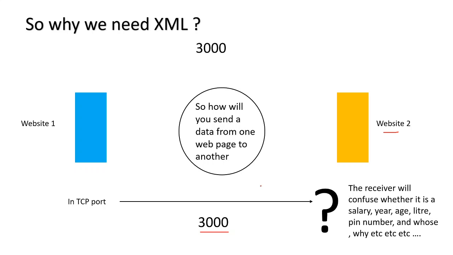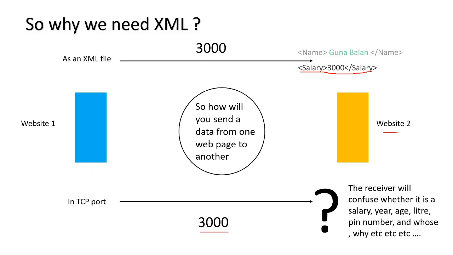Whereas in XML, if we transmit this data as an XML file, we will come to know that this 3000 is the salary of Gunabalan. Guna's salary is 3000, and Guna is an employee with ID 1045, and he is an employee working as an analyst.